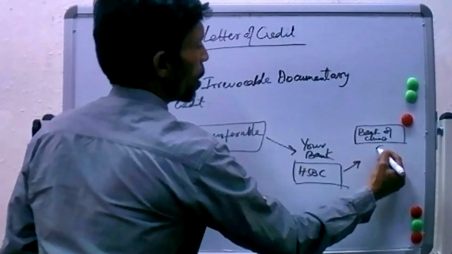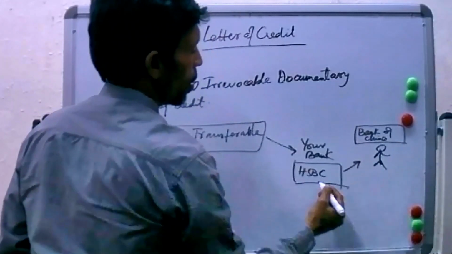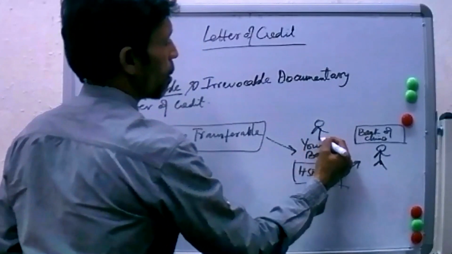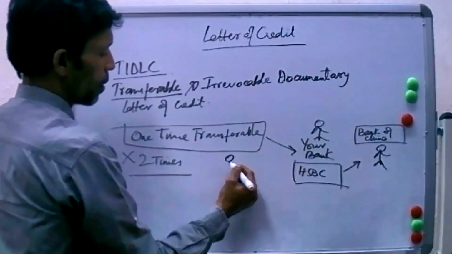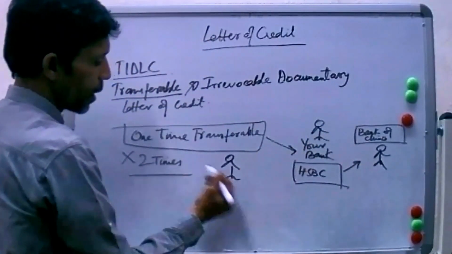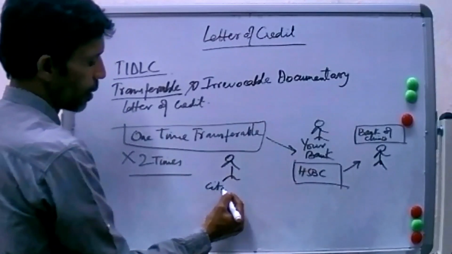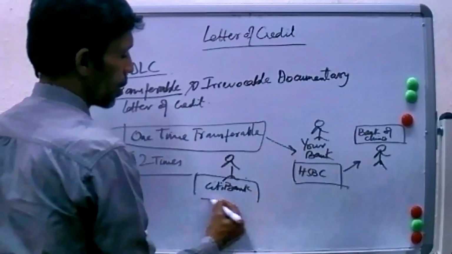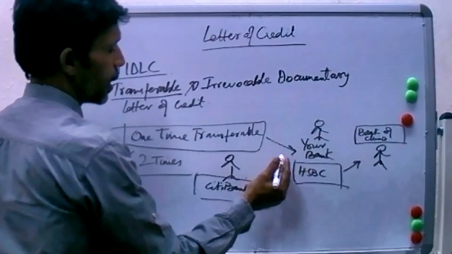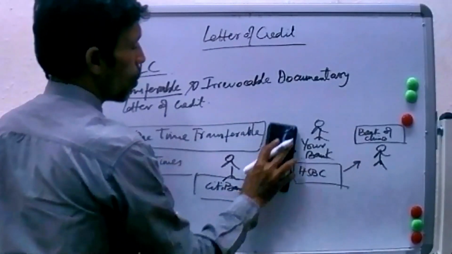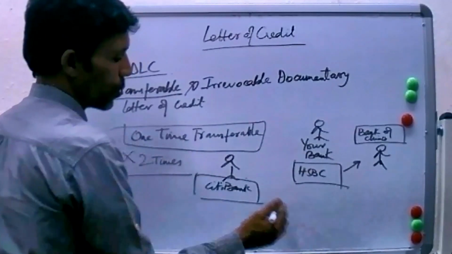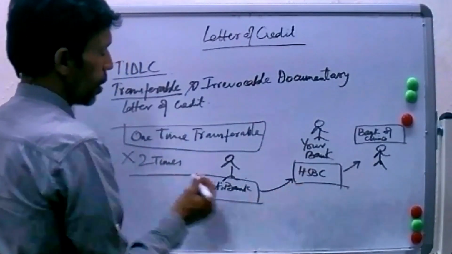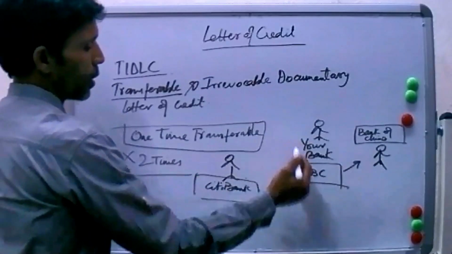Okay, and here is the supplier, you are here, the buyer is here. Let us say the buyer's bank is Citibank. So once the LC was issued, it is one time transferable.